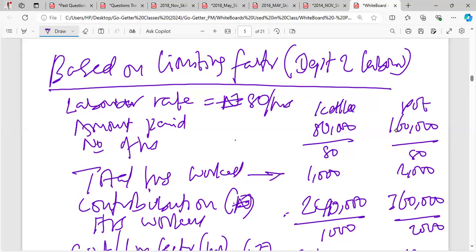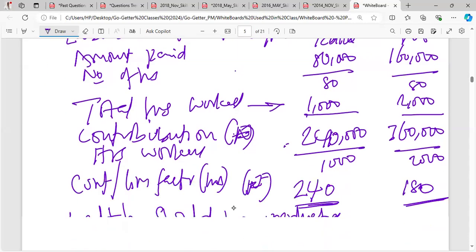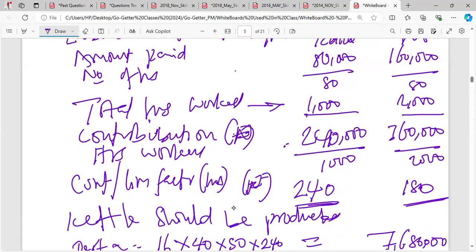When we divide by the labor rate, we get the hours they worked, 1,000 and 2,000. Now we want contribution per limiting factor, so contribution per hour. It gives us 240 and 180. So we look at ranking, kettle should now be produced.